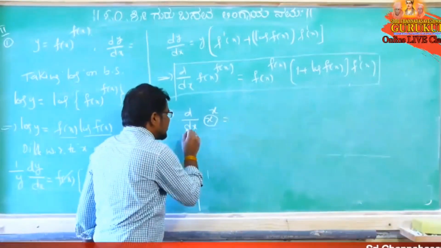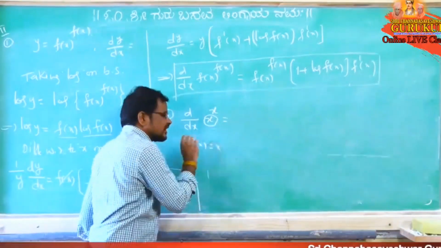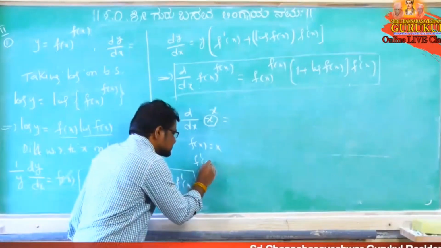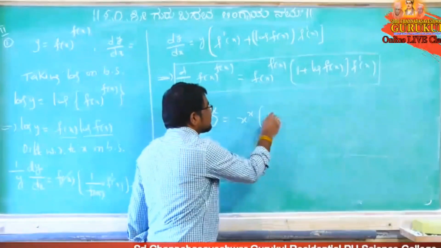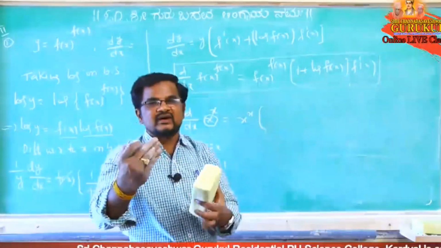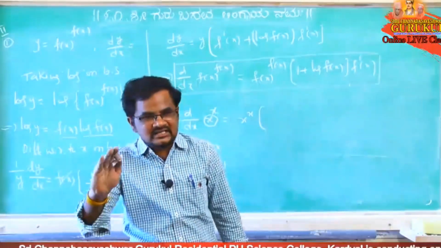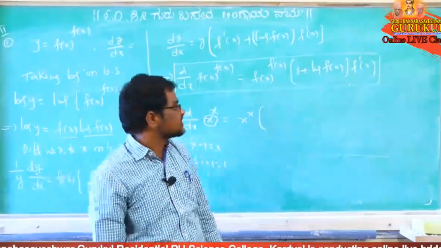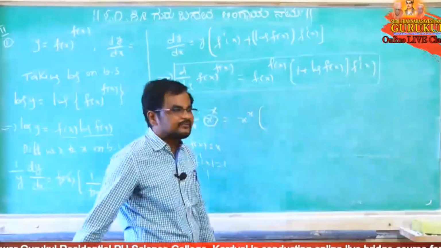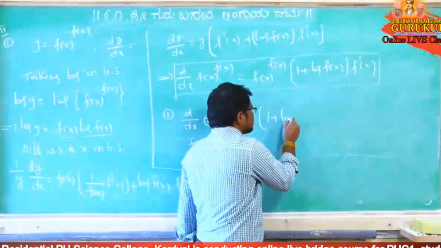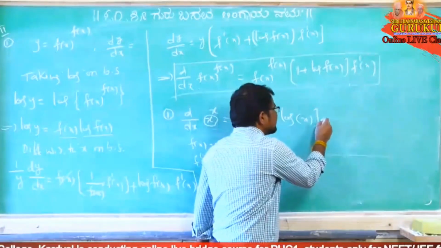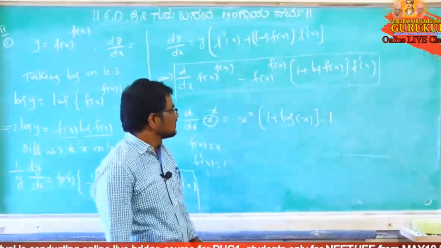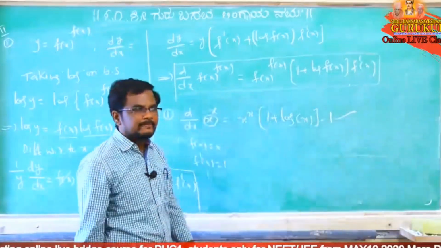Here f of x is x only, and f dash x is 1. So x power x into 1 plus log x, as it is, into 1. That's it. This is our answer.